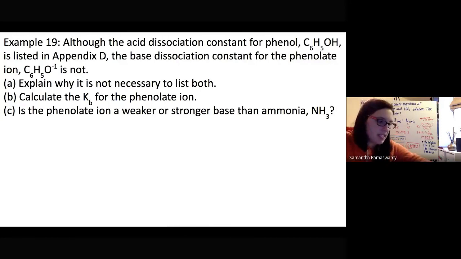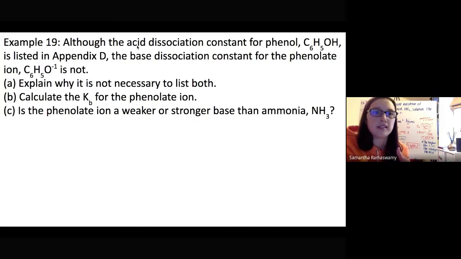So if we flip to page 19, page 19 has example 19 at the top. So this example we're going to do right on the screen. It says, although the acid dissociation constant for phenol, so Ka, is listed in Appendix D, the base dissociation constant for the phenolate ion is not.